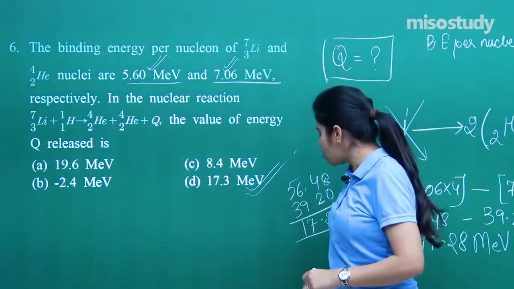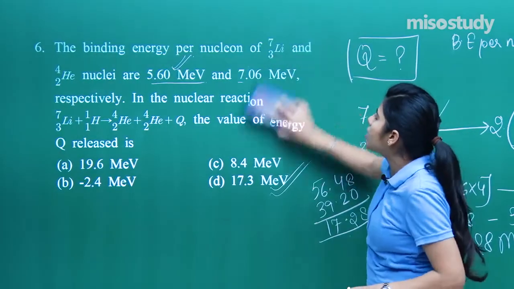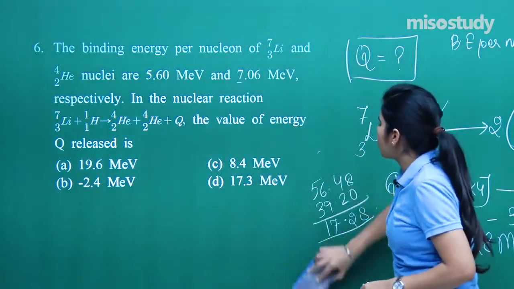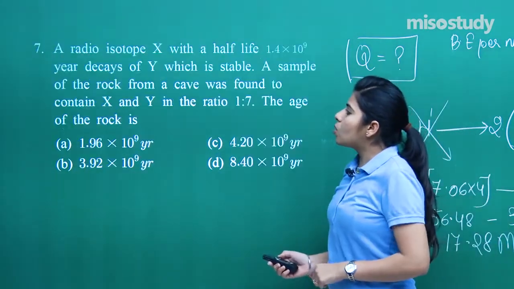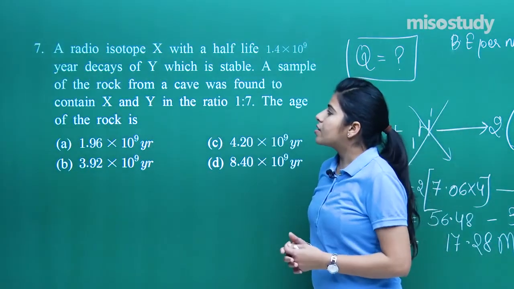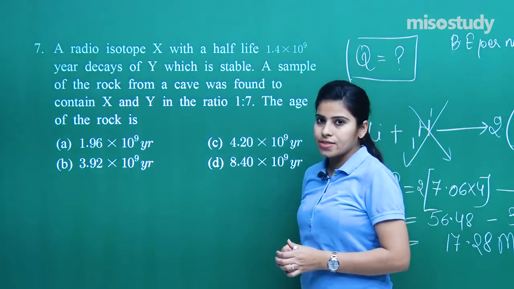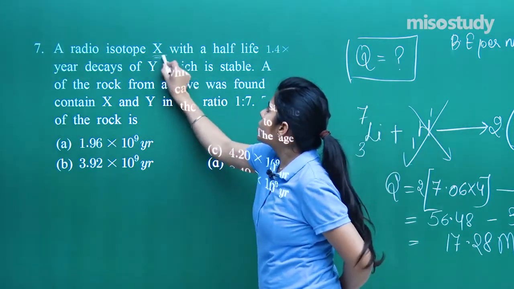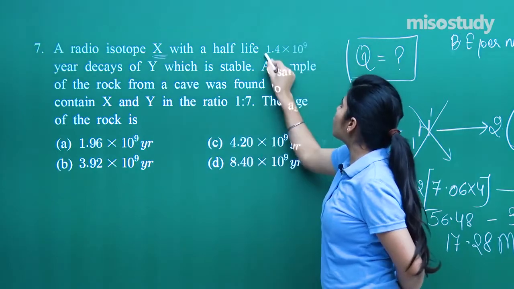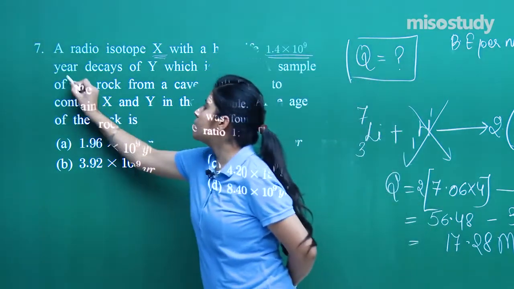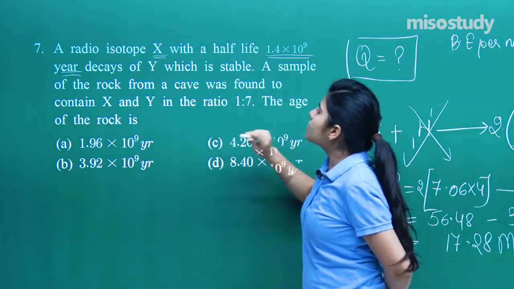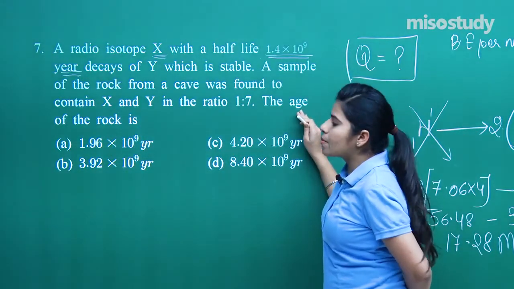Now we will be moving towards the next question. Just let us see what is the next question before us. Alright, so the question says that a radioisotope X with a half-life of 1.4 into 10 raised to the power 9 year decays to Y, which is stable.